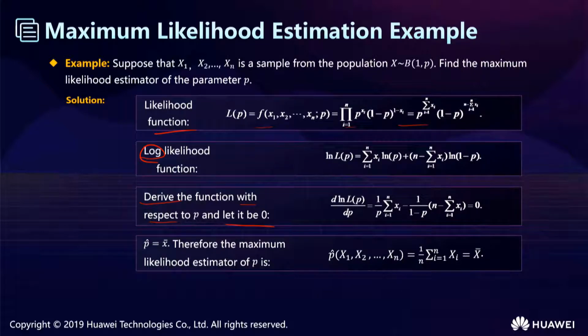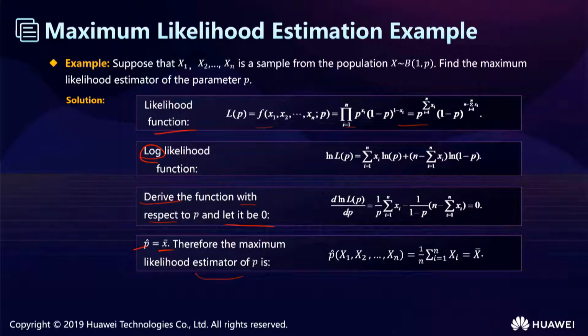We set its derivative equal to 0. Finally we get p hat equal to x bar. So that's how to calculate the estimator using the maximum likelihood method.